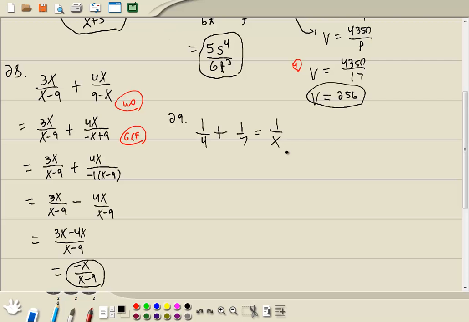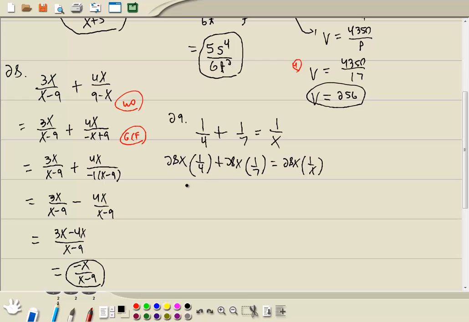So this side is always your together, so that's 1 over x. This is a rational equation, so I multiply everything by the LCM of all my denominators. For 4 and 7, the LCM would be 28, and then we'd have an x. So we'd take 28x times 1/4 plus 28x times 1/7 equals 28x times 1 over x.